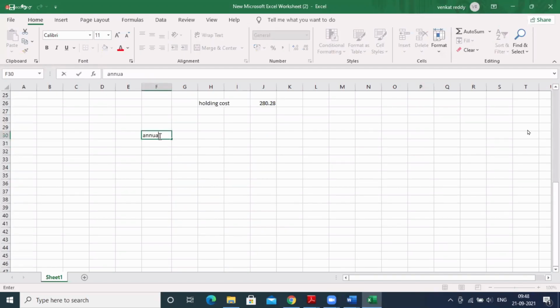Okay. Annual consumption is 1200 units. Price per unit 2000.